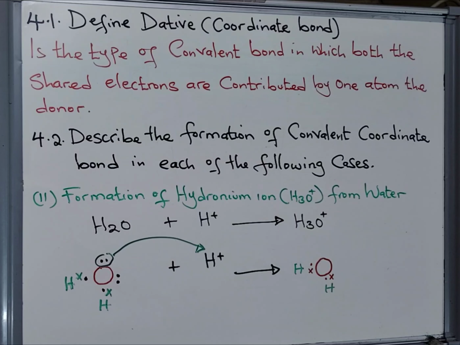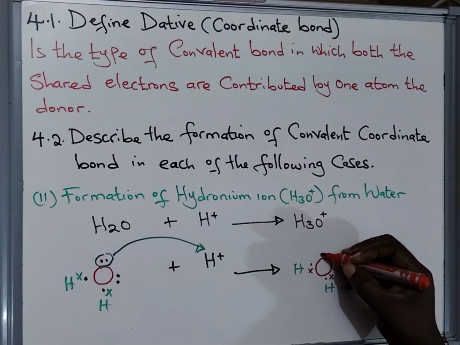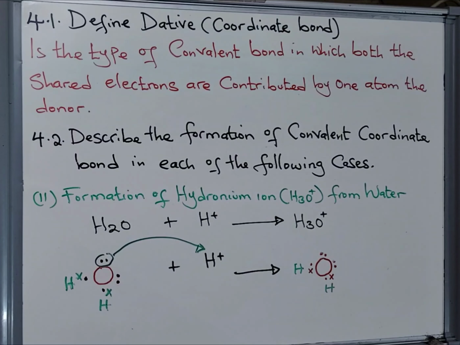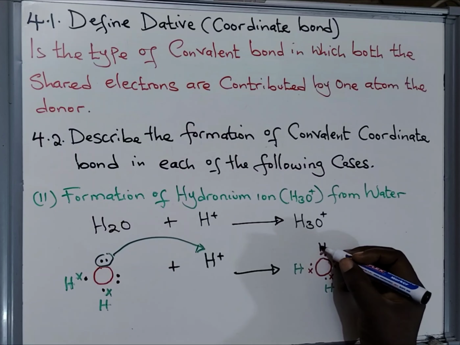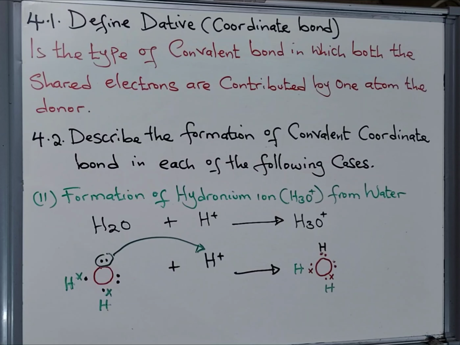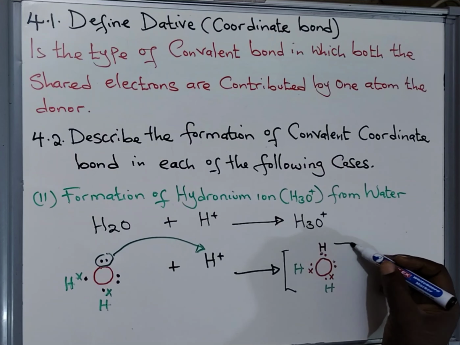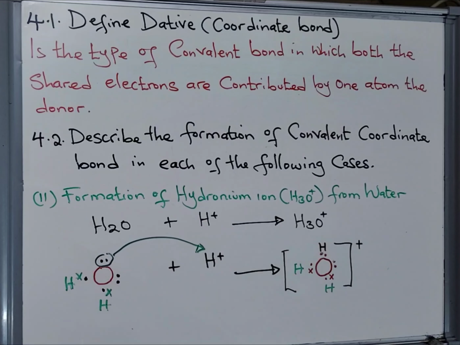But now the two lone pairs are also there, but one has been used to bond with the hydrogen ion. And because hydrogen ion was positive, that one makes the entire species, this one, to be positive. So what you have here is the Lewis diagram for hydronium ion.